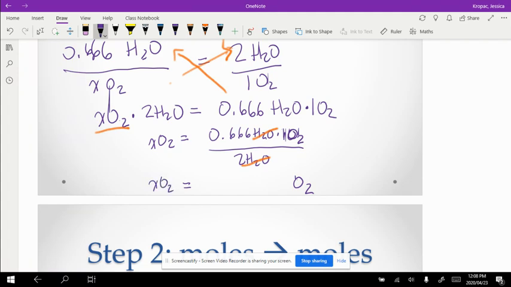That's good, right? Now I'm going to take 0.666 and divide by 2, and I'm going to find that's going to give me 0.333. So overall, I'm going to find that using this molar ratio, I'm producing 0.333 moles of O2.